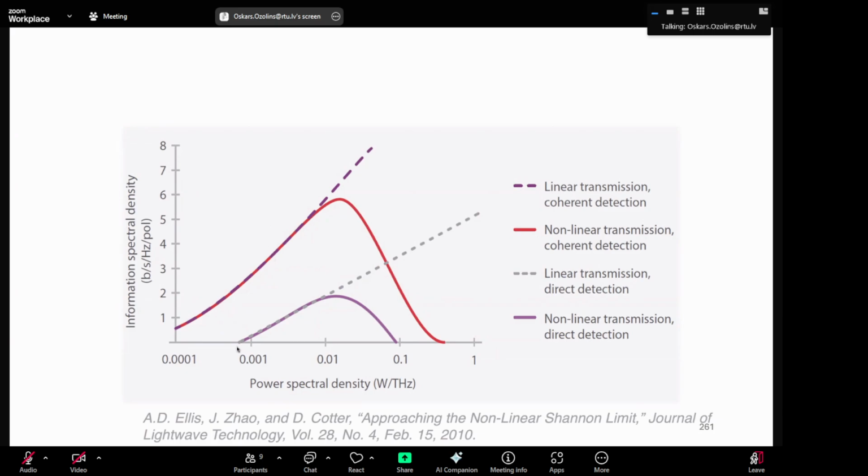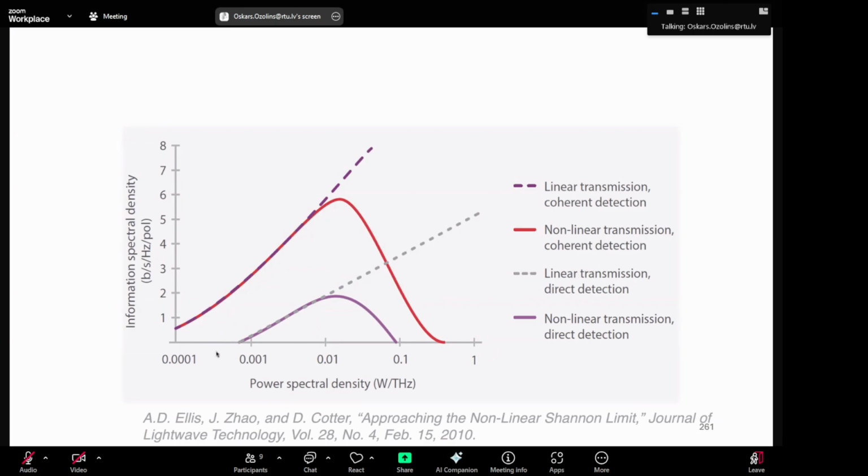So then the linear transmission would go like this, and due to nonlinear effects, you start to degrade because you put more power into the system.